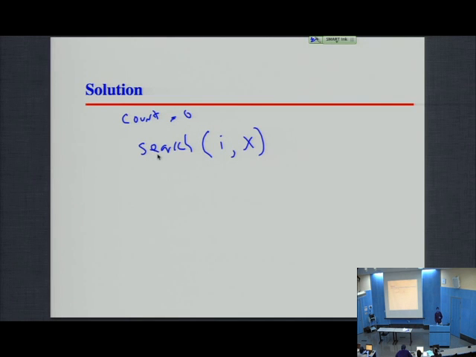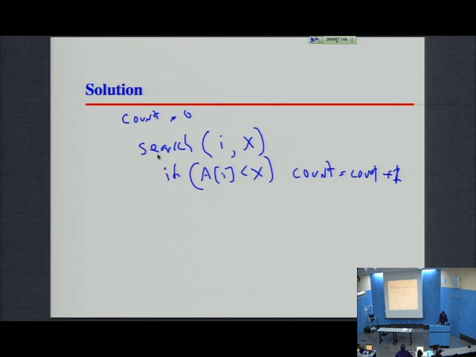What am I going to do? I'm going to say if the array element A sub i is less than x, then that means I want to add it to my count of the lower ones. So count equals count plus 1. And now I know that this element is interesting.